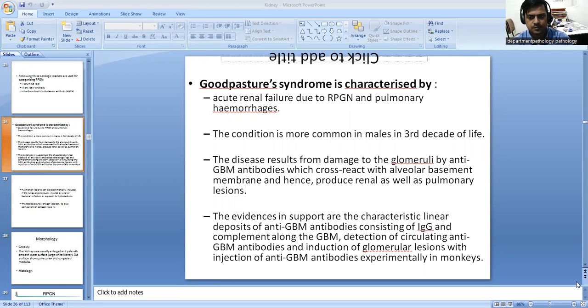The disease results from damage to the glomeruli by anti-GBM antibodies. These anti-GBM antibodies cross-react with the alveolar basement membrane and hence produce renal as well as pulmonary lesions.